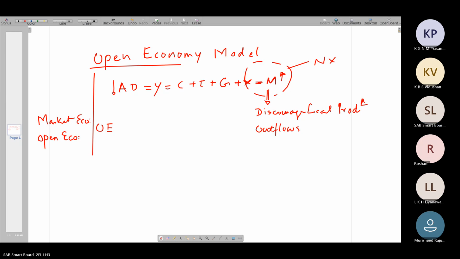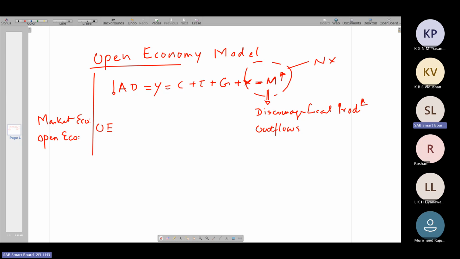Market means market forces operate, the price mechanism. Demand and supply forces allocate resources in different markets: goods market, factor market, foreign exchange market.